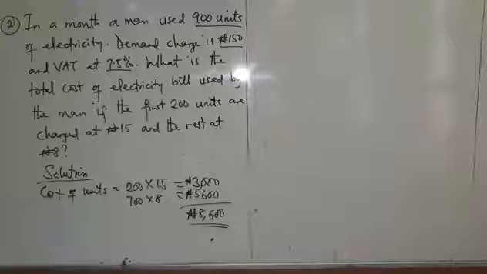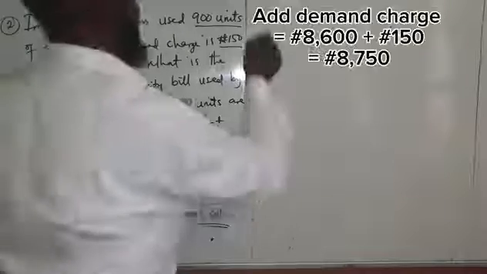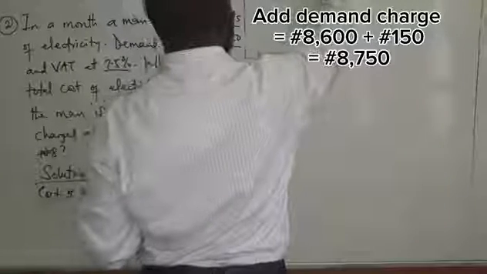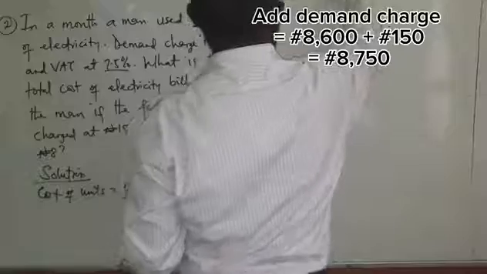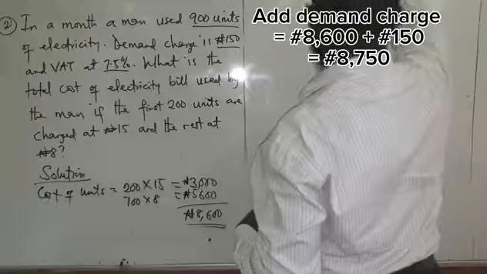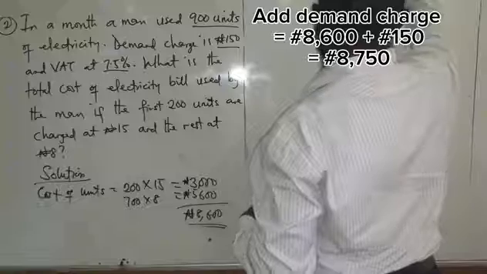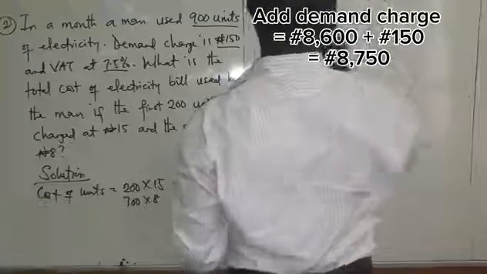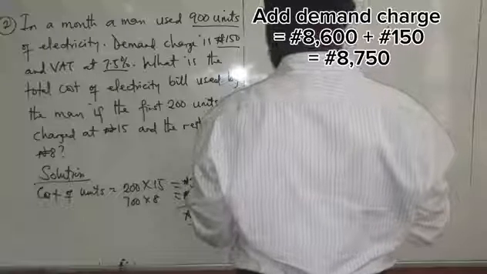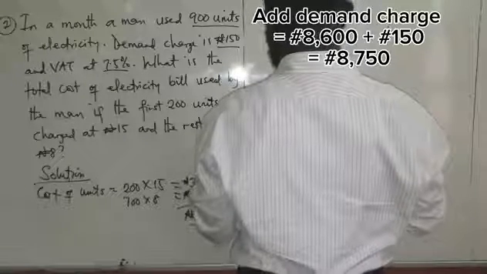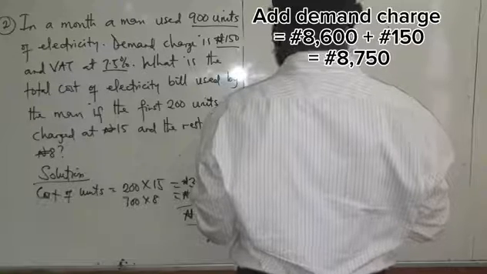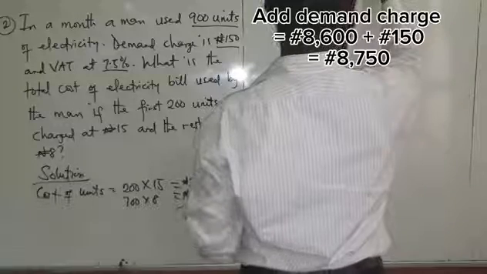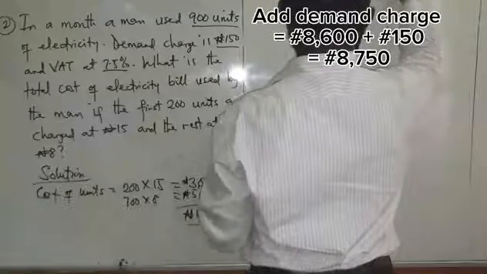Next, we add the demand charge. 8,600 plus 150 gives us 8,750.